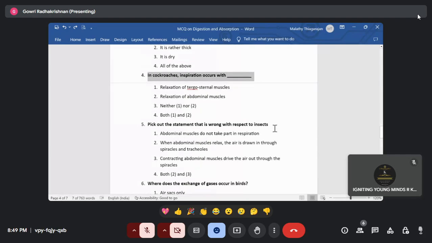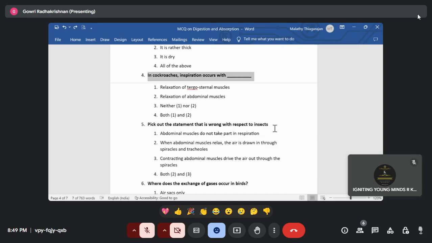In cockroaches, inspiration occurs with relaxation of sternal muscles and relaxation of abdominal muscles.